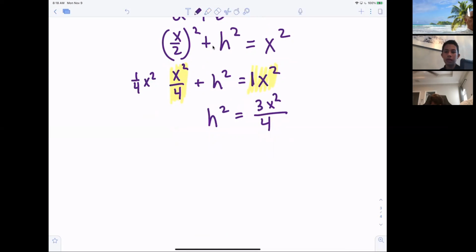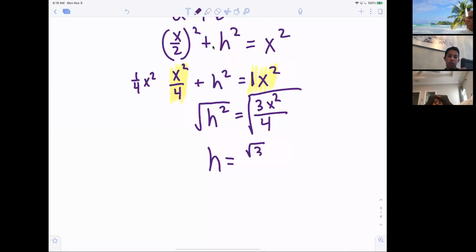I do what? Well, I would take the what of both sides? Square root of both sides, right? So now the height is equal to, what's the square root of 3? Right, radical 3. What's the square root of x squared? What's the square root of 4?